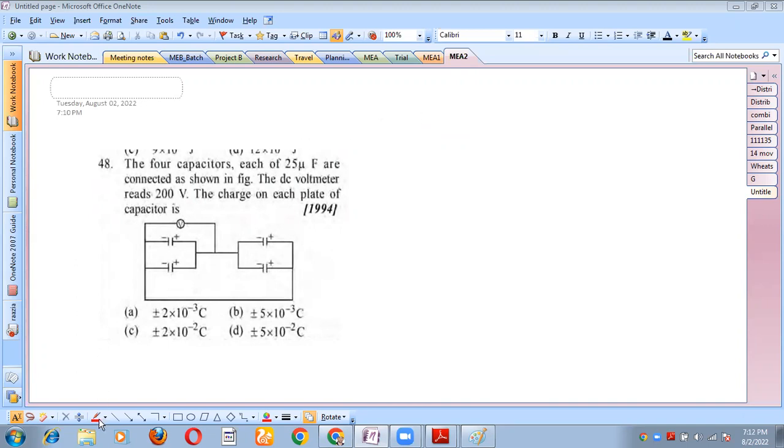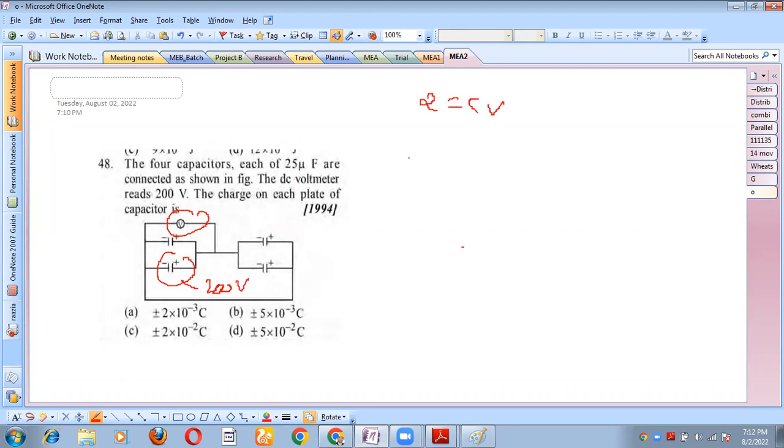So from figure, we can see that the potential of this capacitor will be same as 200 volt. So potential of this capacitor will also be 200 volt. Both are in parallel. So we know that Q is equal to CV. So from there we can calculate the charge. Capacitance is 25 microfarad, 25 into 10 power minus 6, and voltage is 200.